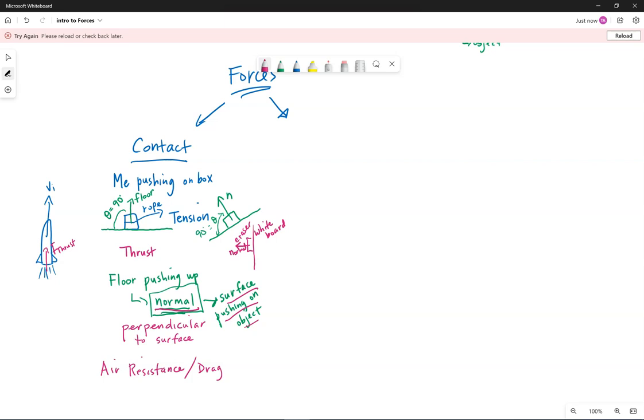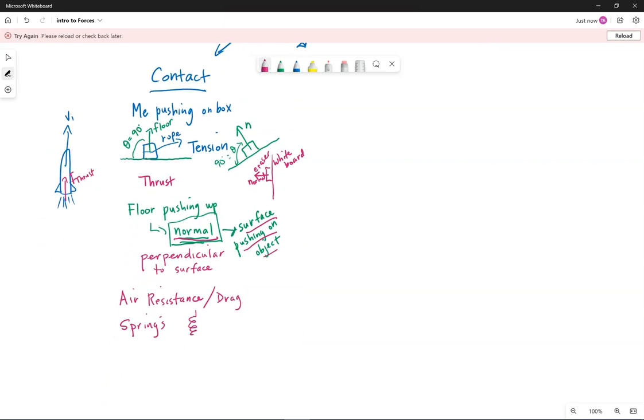Later we'll talk about springs. So if I have a spring, and I hang a mass from it, I know the spring will stretch out. And so this mass will feel or experience a force from that spring.